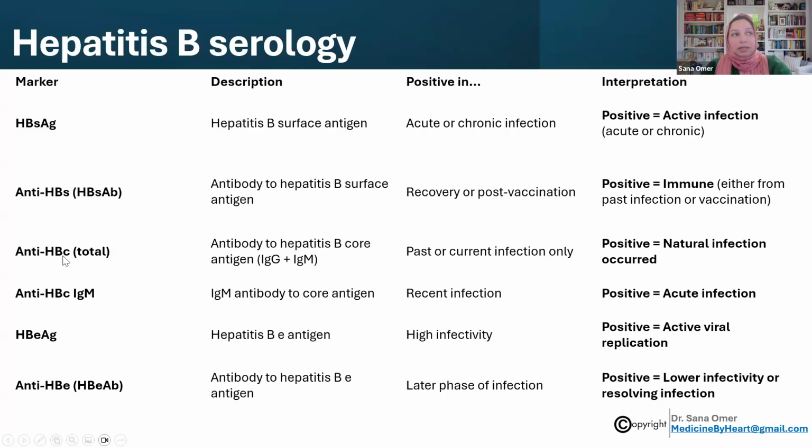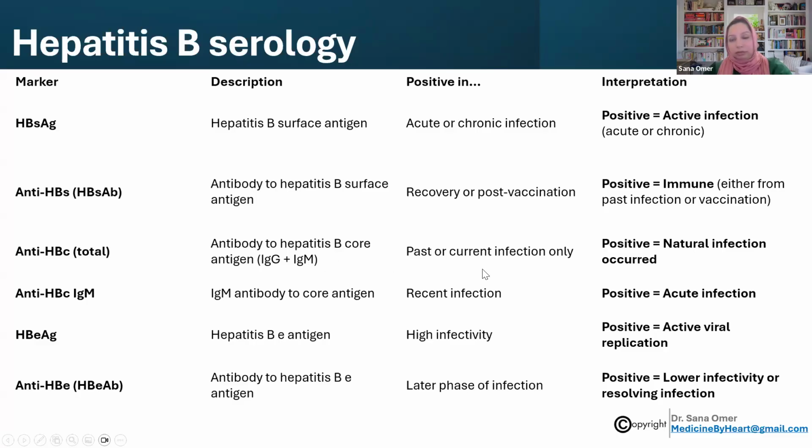The third thing is anti-HBC. The core antibody has two components, IgG and IgM. IgG means there was a past infection. I remember it like this: G means gone. The disease is gone. It was there in the past, it's not there anymore, but the patient has developed IgG antibody against it.